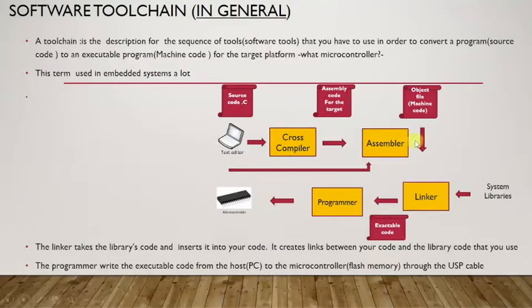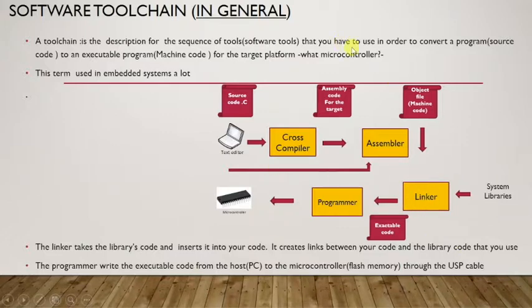Then after you get the machine code, you must combine your machine code with the libraries. As you see in our lab, when you use the temperature humidity sensor, we use some libraries, the temperature humidity library, the LCD library, and so on. So we use the linker.